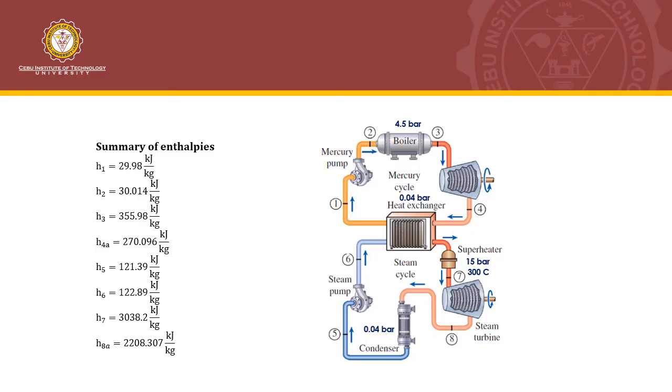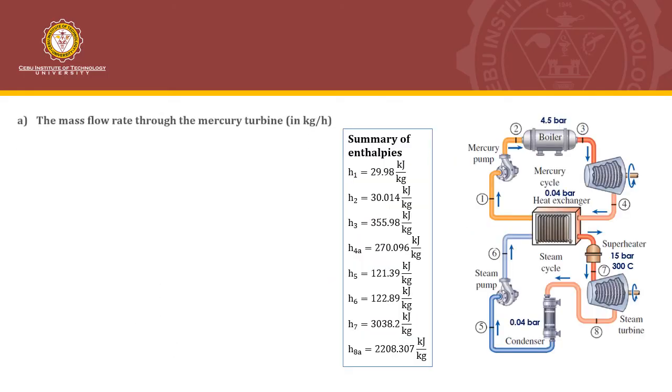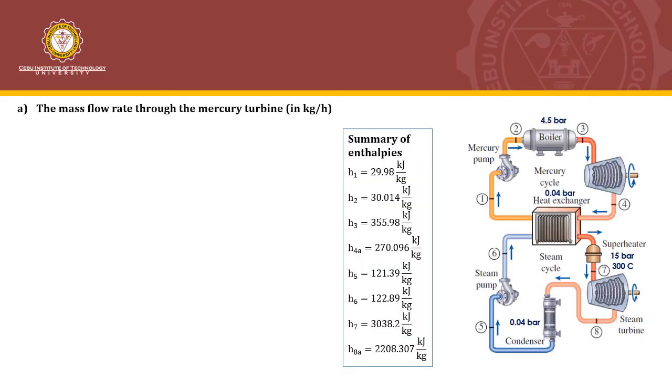So now that we have the enthalpies, we can solve the first unknown, which is the mass flow rate through the Mercury turbine in kilogram per hour. Using energy balance in the heat exchanger, energy in is equal to energy out. We know that the energy entering are 0.4 and 0.6 and leaving are 0.1 and 0.7. So that's why we have this relationship.